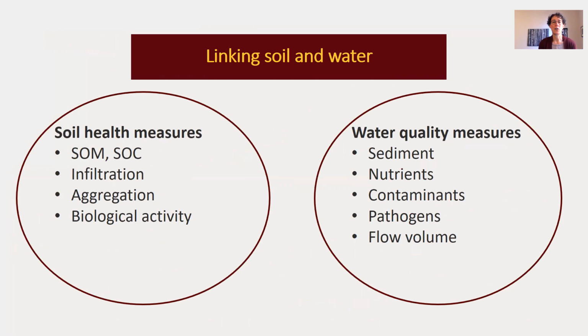So we begin to characterize these soil and water connections by first measuring a variety of soil and water attributes and then trying to define the relationships between them. So by soil health measures, I'm talking about soil organic matter, soil organic carbon, physical characteristics such as infiltration, aggregation, biological activity, the structure of the biological community, those kinds of things.